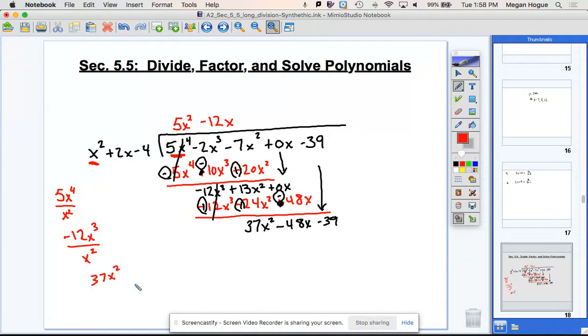What am I going to divide by? X squared. And again, if you don't want to show this off to the side, you don't have to. So it's positive 37. So 37x squared plus 74x minus 148.